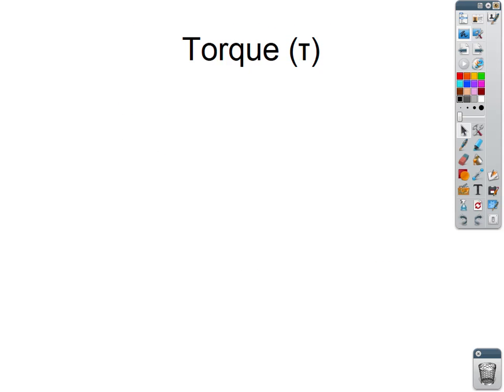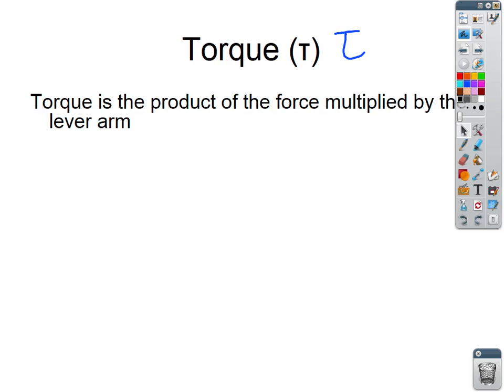That leads us officially to this term torque. The symbol for torque looks like a T, but it's actually the Greek letter tau. On the formula sheet, it more often looks like it has a little curve at the end, like a backwards J, but that is the Greek letter tau. Torque is officially that definition I gave two slides ago.